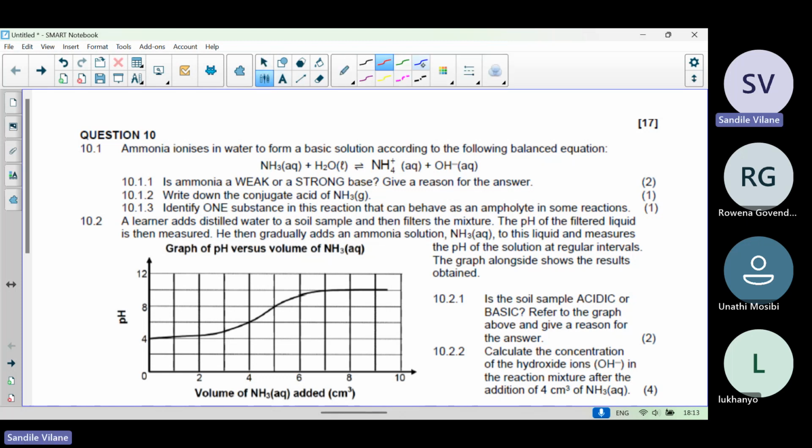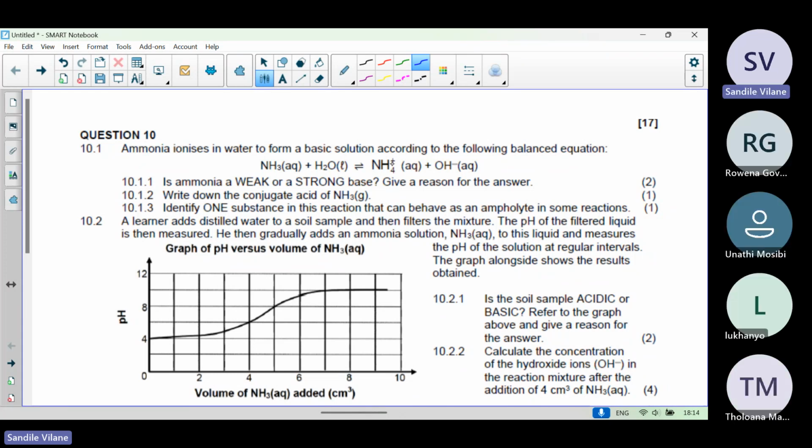The reason is because of how it ionizes in water. It ionizes partially to form the ions. In fact, instead of ionizing, it forms this ion through a process called hydrolysis.